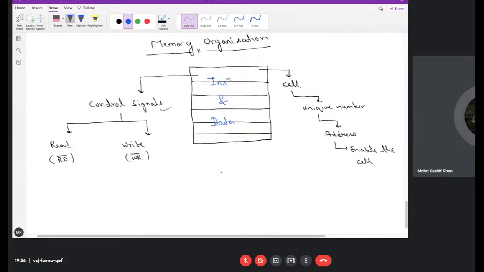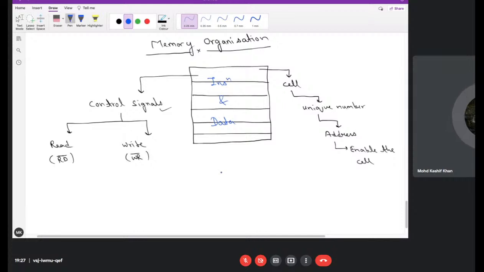So first, write the heading: memory organization. Draw this diagram. Now write a few points.